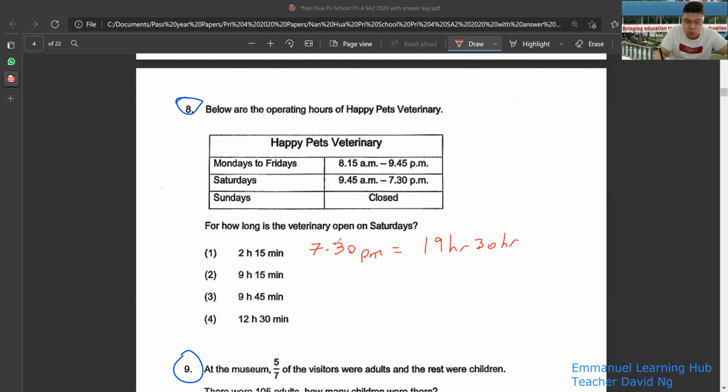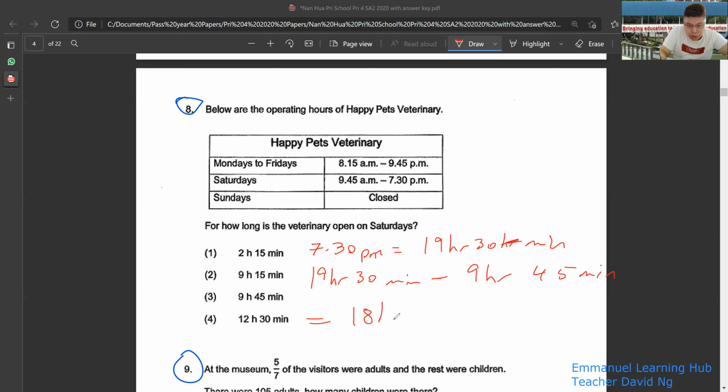But they want Saturday, right? So 19 hours, 30 minutes minus 9 hours, 45 minutes. That's equal to how many hours?